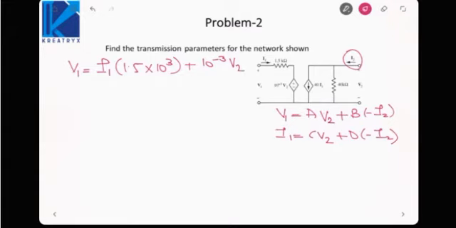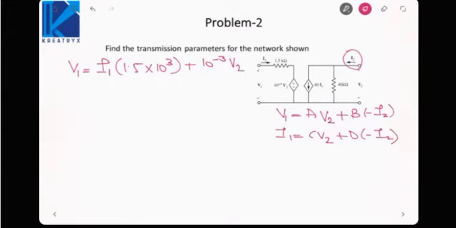Based on the parameters given, I can write I1 is equal to 5V1 plus 4V2 and I2 is equal to 4V1 plus 5V2. For Thevenin, we need to open circuit the load terminals, that is I2 must go to 0.